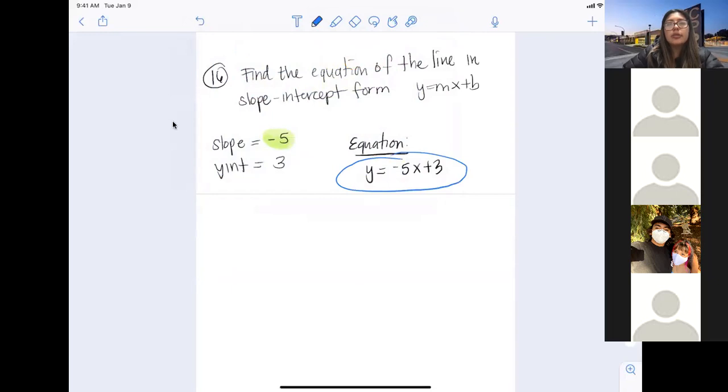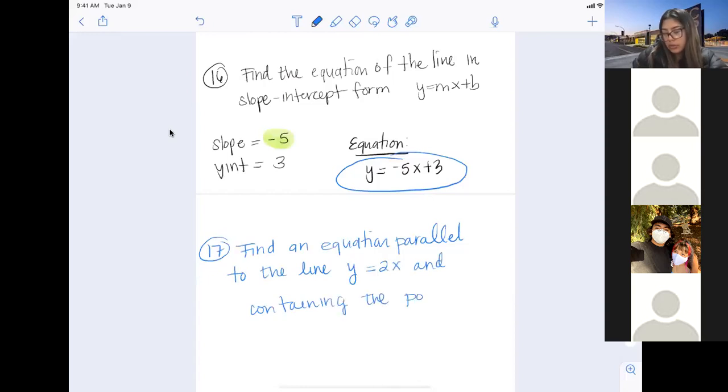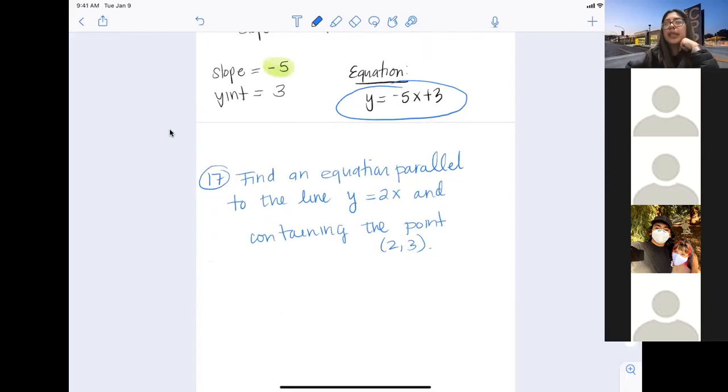Now, what if I ask you to find an equation parallel to the line y equals 2x and containing the point 2, 3? Let's say I give you something like this.